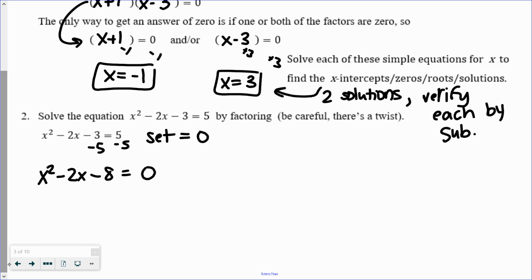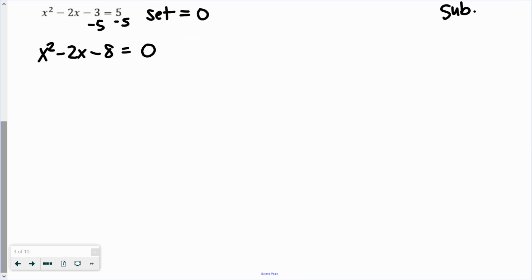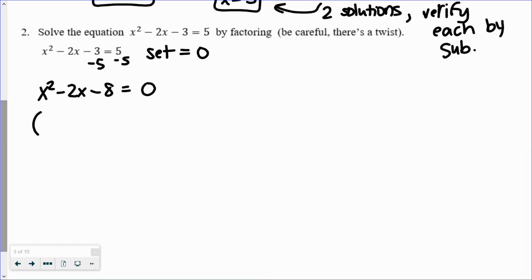So again, we've reviewed factoring already, so I'm going to zoom through this. But we're looking for two numbers that multiply to be equal to -8 and add to be equal to -2. So we're looking at x minus 4 and x plus 2. So that's my factored form of the trinomial quadratic that we have above: x minus 4, x plus 2.